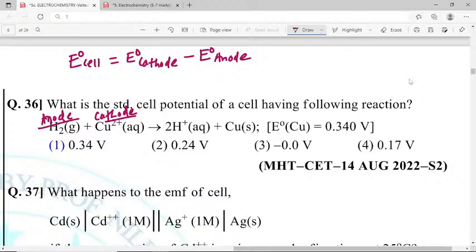The cathode is copper, so E naught copper minus E naught hydrogen. Copper has a value of 0.34 minus E naught hydrogen 0.00 volt. So the value is 0.34 volt.